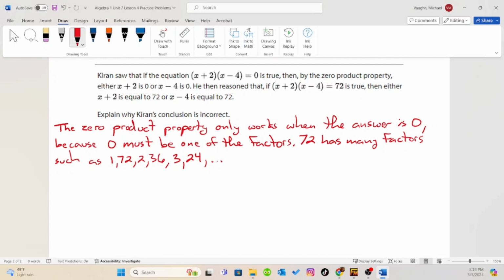So it is not true that one of the factors must be 72.